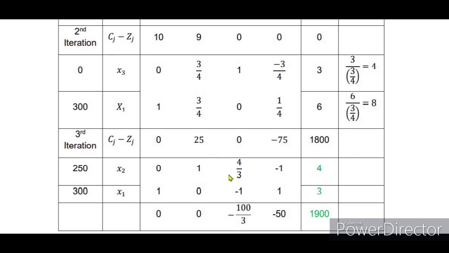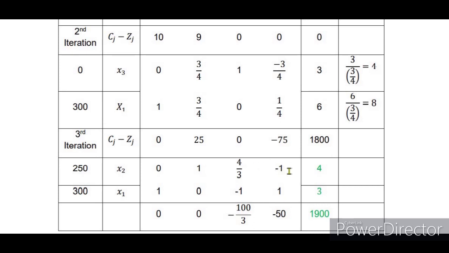So, we will just continue by using 3/4. So, 4/3 times 3/4 is equal to 1. So, we will just subtract 1 from 0. So, 0 minus 1 is negative 1. Next column, negative 1 times 3/4 is equal to negative 3/4.